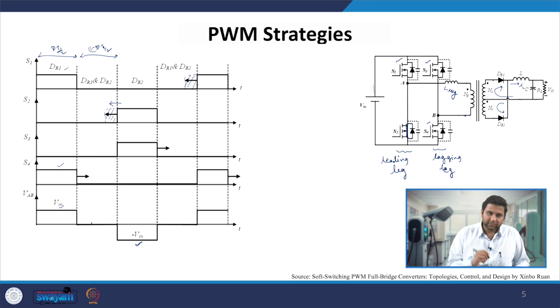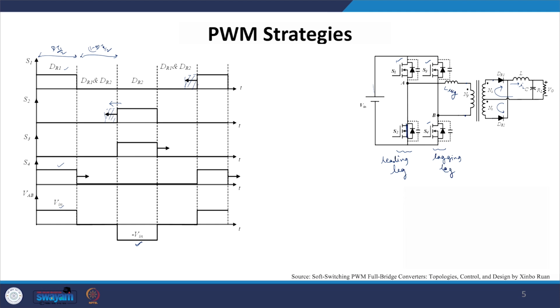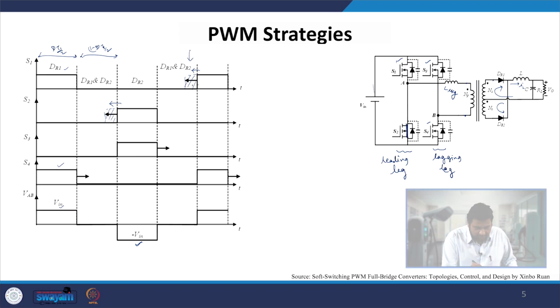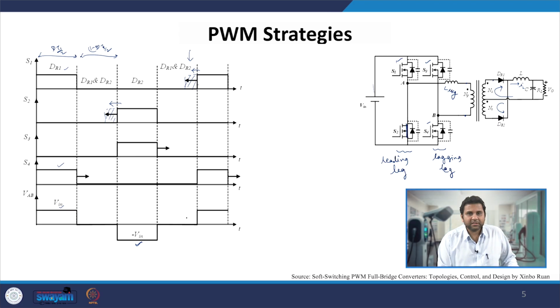VAB will still be 0. Similarly, if we increase the turn on period of just the S1 switch in the forward direction, that means in this direction, since during this portion of time only S1 is on and all the rest of the switches are off, there is no impact you will see on VAB. VAB will still be 0.